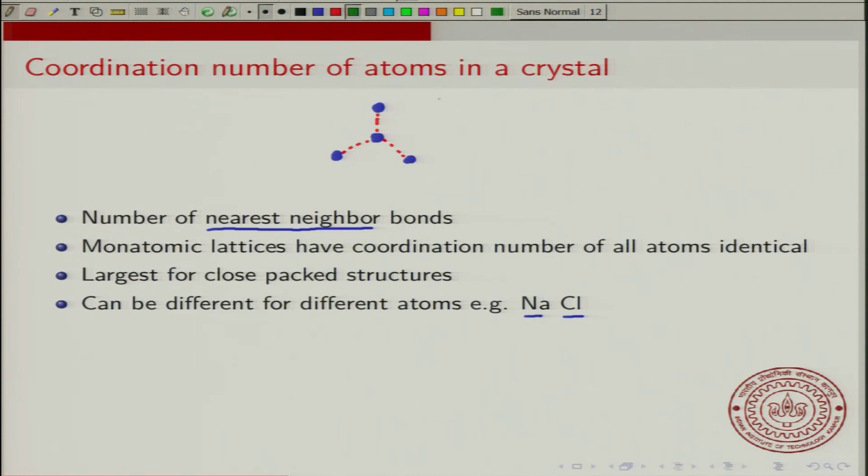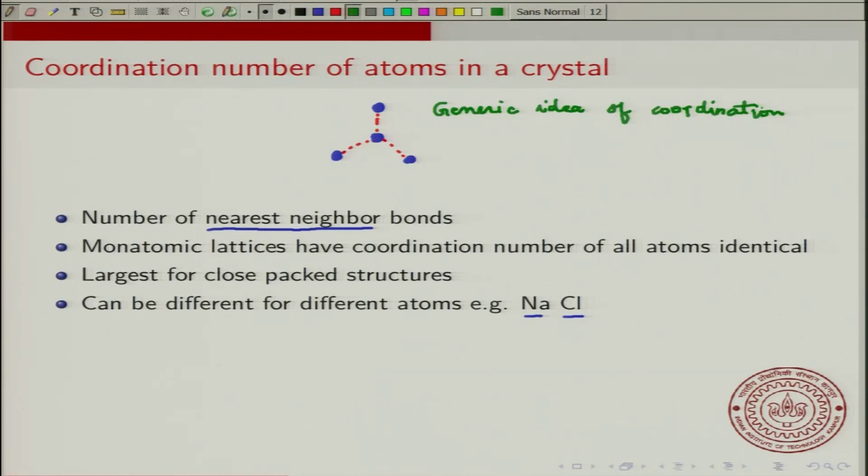Let me say that this is a very general idea, and therefore you can apply it to several other objects other than just atoms.